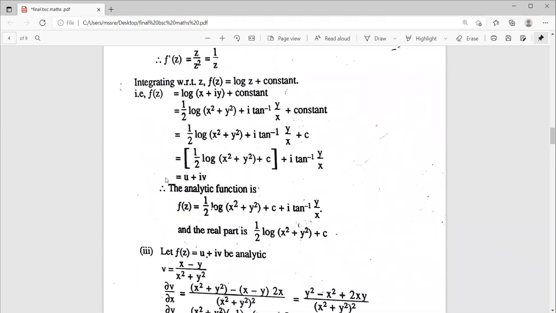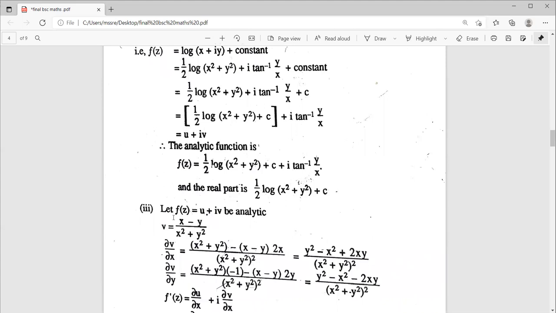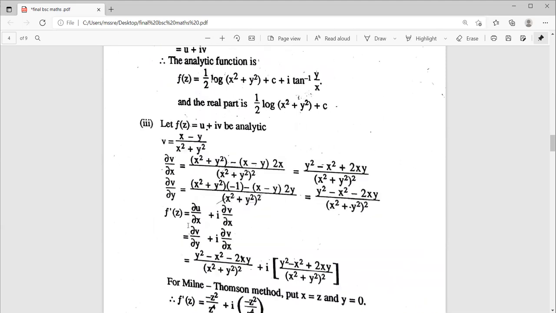Another problem: given the imaginary part v equal to x minus y divided by x square plus y square. Start with, let f of z equals u plus iv be analytic. You must take it as analytic here. Do not forget this. Why? Because in the middle what we use is the CR equation.